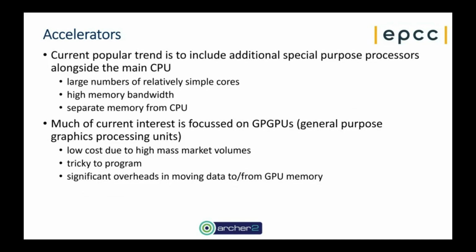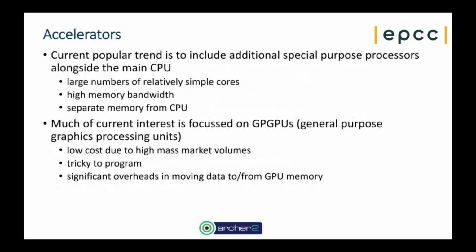We also have another thing which we're not going to cover in this course, but we should all be aware of, and that's accelerators. It's very common for HPC systems to have another bit of hardware alongside the processor that's focused just on doing floating point operations. Here we're talking about GPUs, but it can be other things as well.